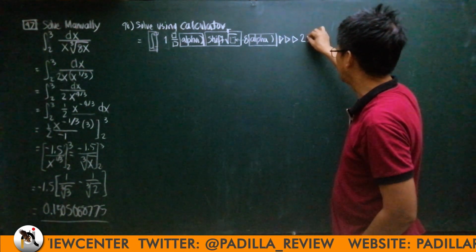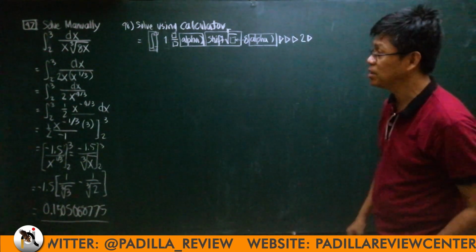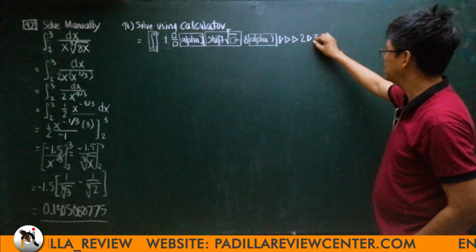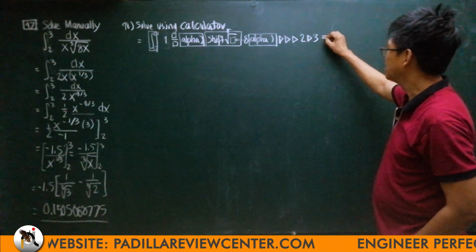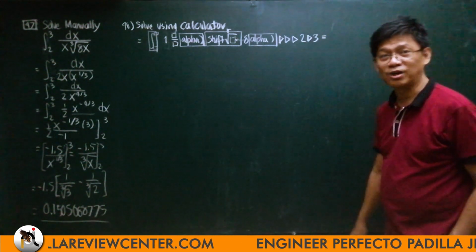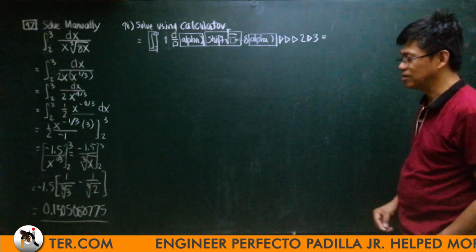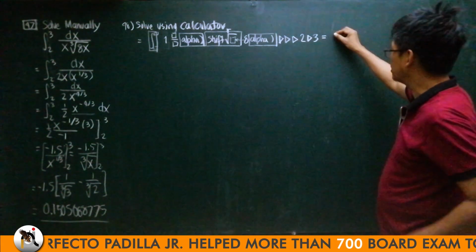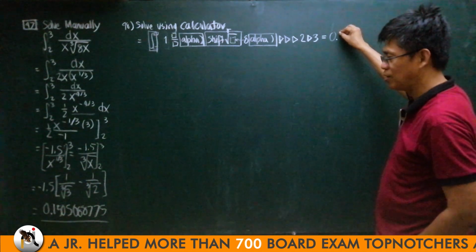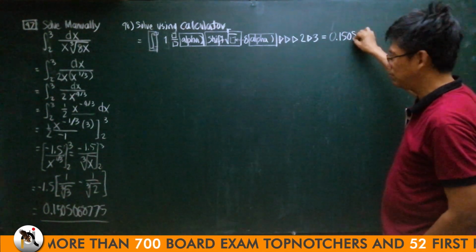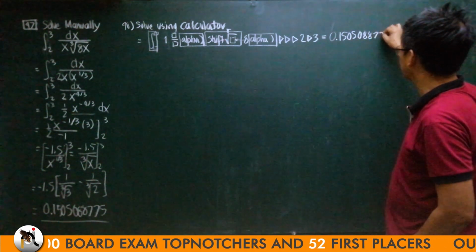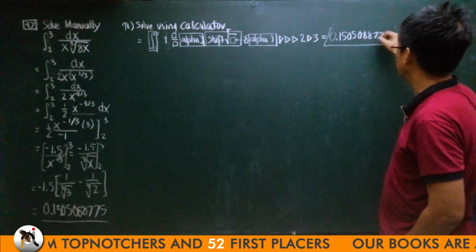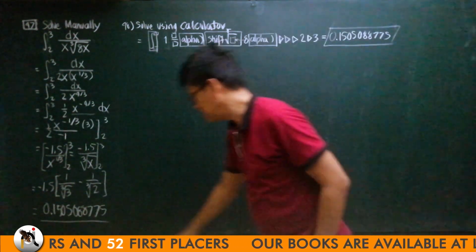Then, press the right arrow key again to go to the upper limit. The upper limit is 3. Then, press equals. Your calculator will display the answer, and you'll get 0.15050888775. The answer will be exactly the same.